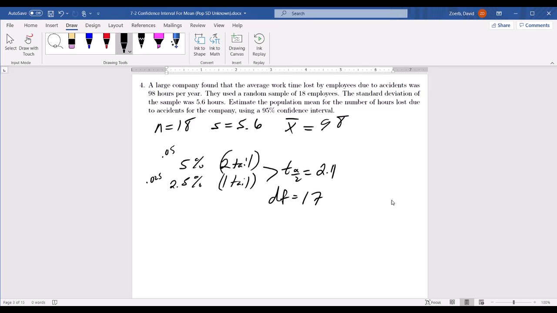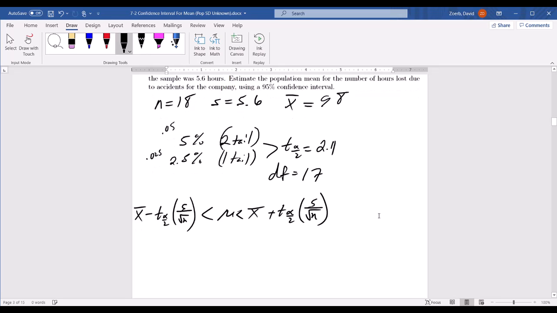Now write down the formula. So x bar minus t-score times sample standard deviation divided by square root n is smaller than your mu, which is less than x bar plus t-score times sample standard deviation divided by square root n. Now plug in the numbers.